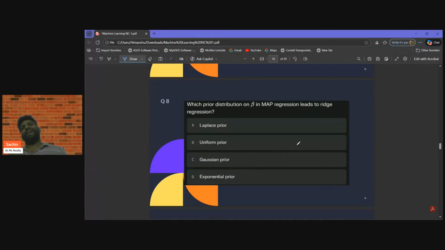MLE has a purpose in which we do not really have an idea about the prior for my parameters. There are two perspectives over here. MLE, maximum likelihood estimation, comes from the frequentist approach.